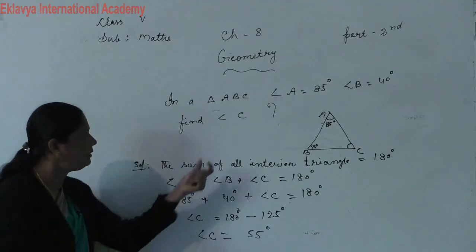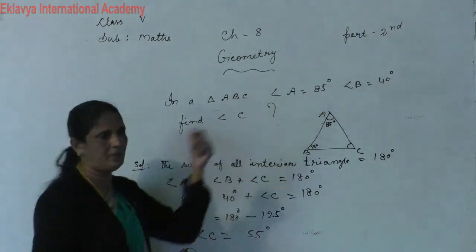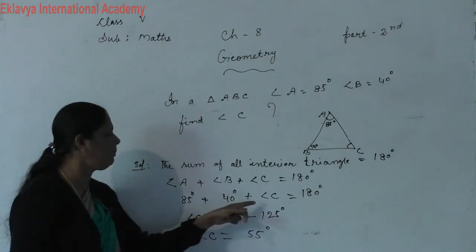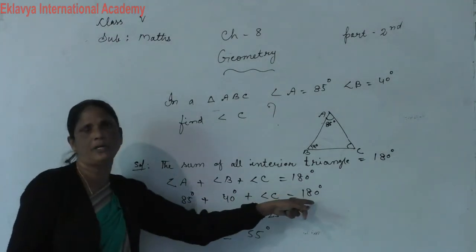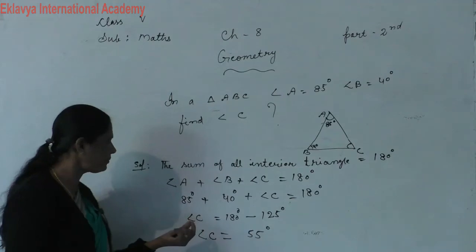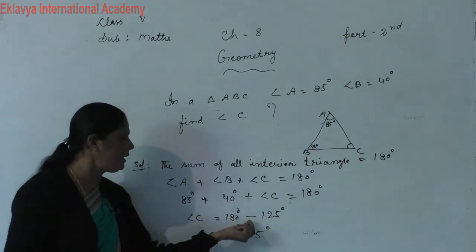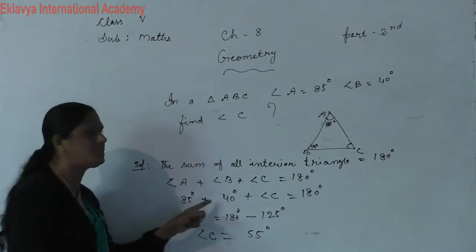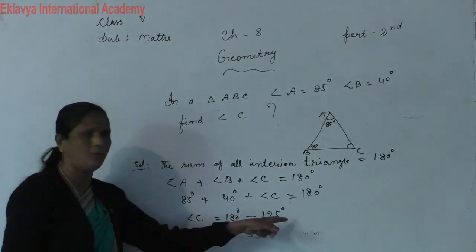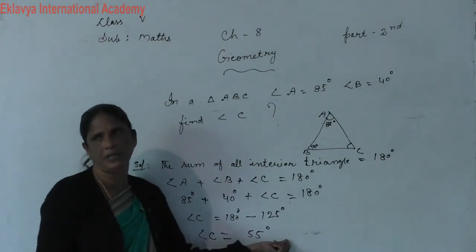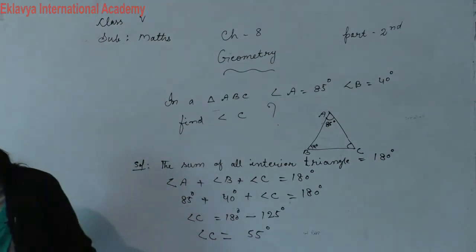Then 85 degrees plus 40 degrees plus angle C is equal to 180 degrees. Then angle C is equal to 180 degrees minus 125 degrees. Then angle C is equal to 55 degrees. Understand? One more question.